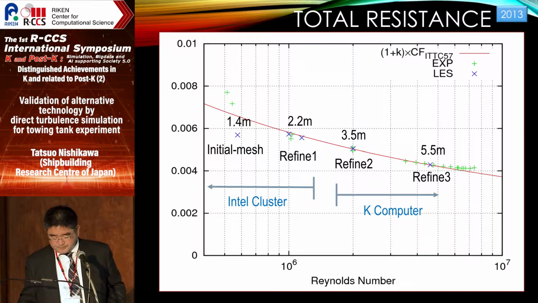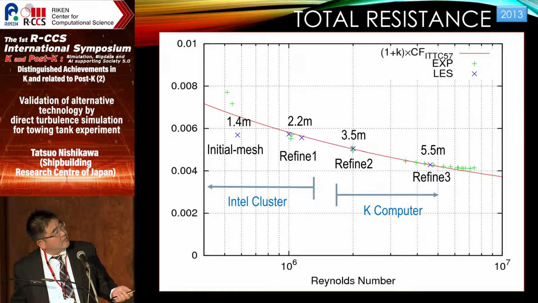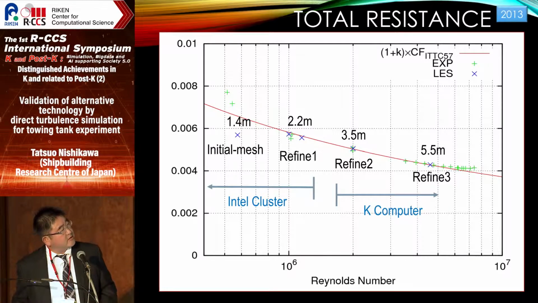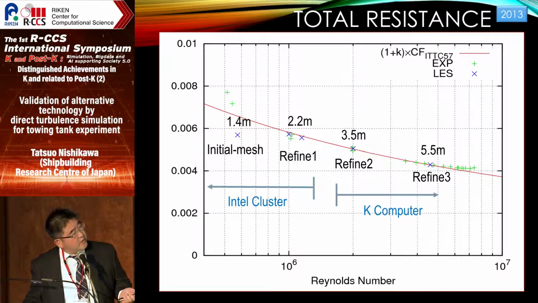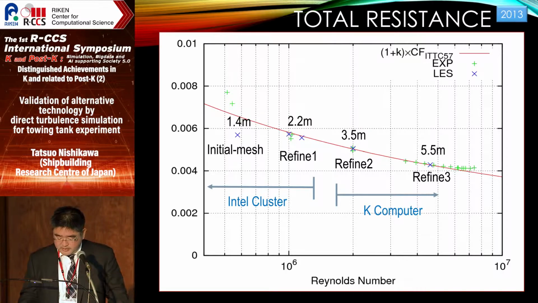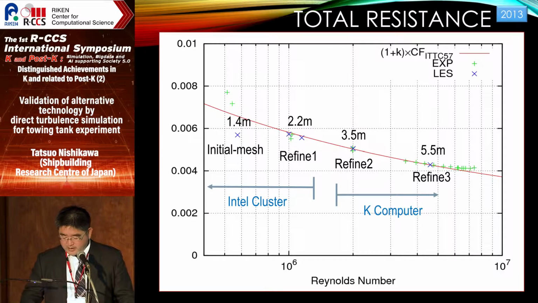As you can see, the initial mesh underestimates the experiment, but for the higher Reynolds number, the refined mesh 3 results predicted well with very high accuracy.